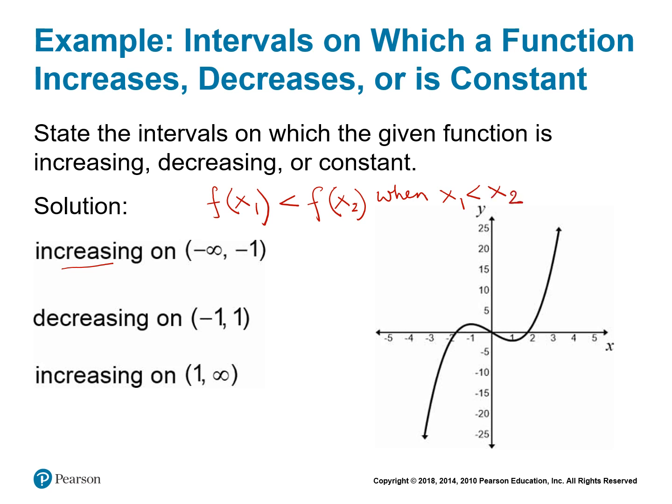So if we look at the picture here, we see, of course, that the graph increases between here all the way up to here, correct? So it says f of x sub 1, if x sub 1 is less than x sub 2. So let's say minus 4 is our x sub 1, and minus 3 is our x sub 2.